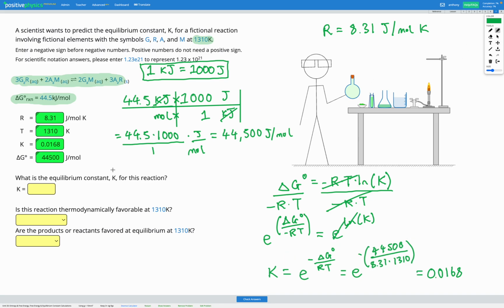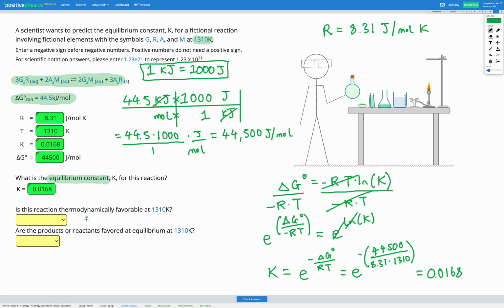So what is the equilibrium constant K for this reaction? We've just calculated that. It's 0.0168. Okay, so now I need to think about what this means. Now our delta G value was positive.